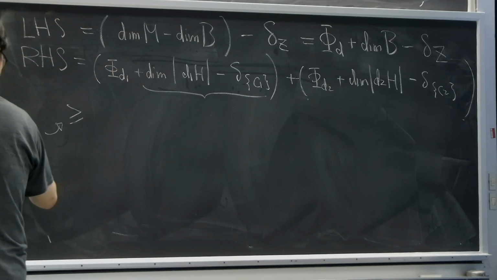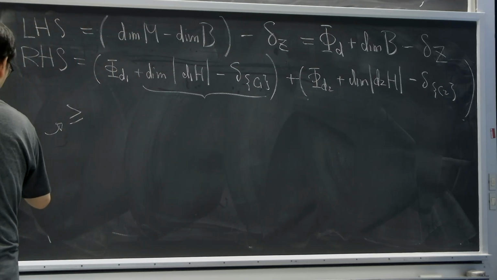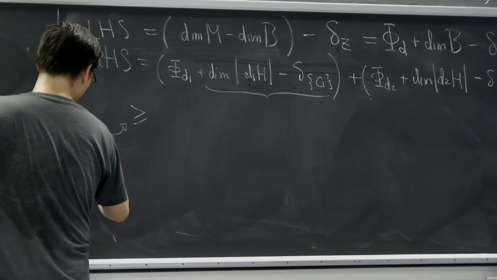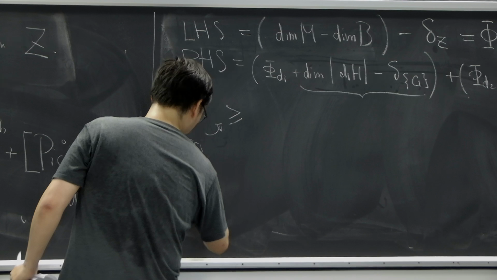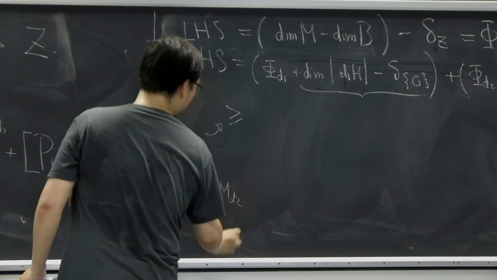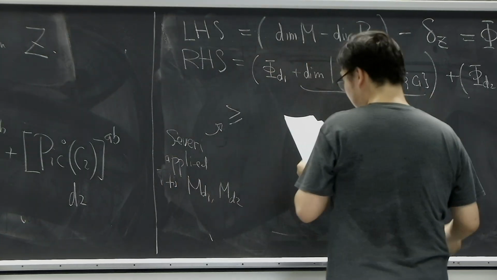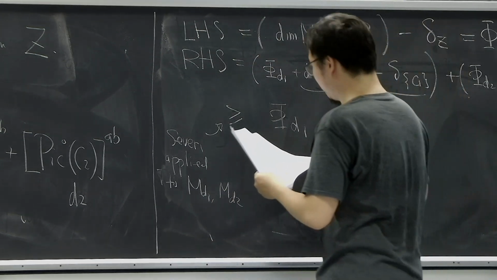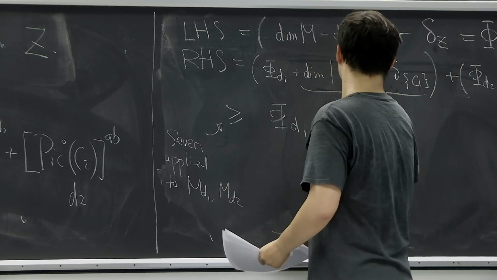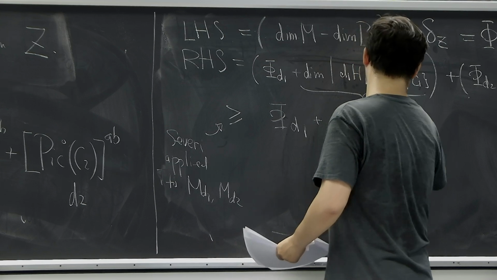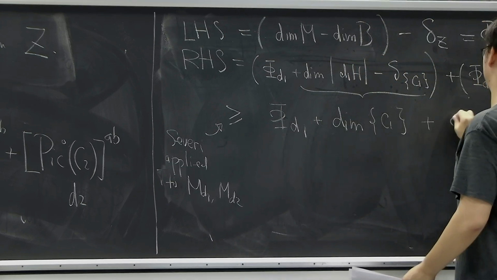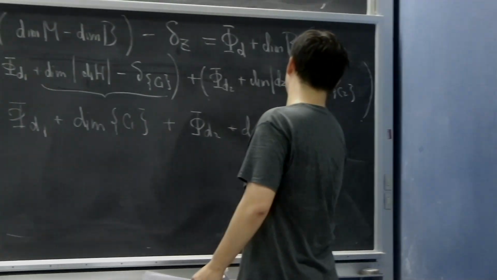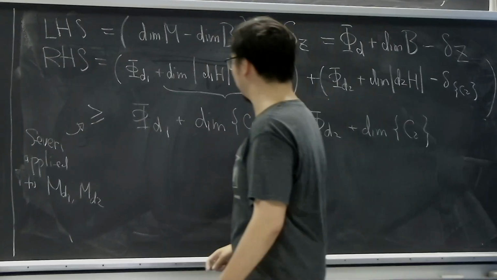This is the classical Severi inequality applied to MD1 and MD2, the smaller spaces. And then you get this is phi D1, and this will have a lower bound, which is just the dimension of the locus of such C1. And similarly, you have the phi D2, and then you have the dimension of the locus swept out by degree D2 curve C2.